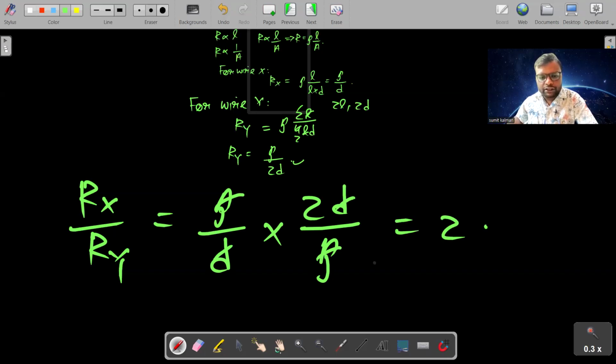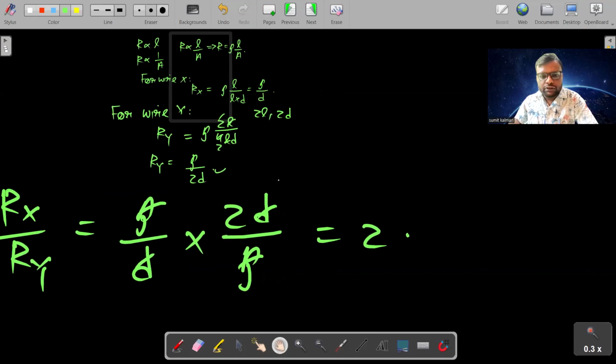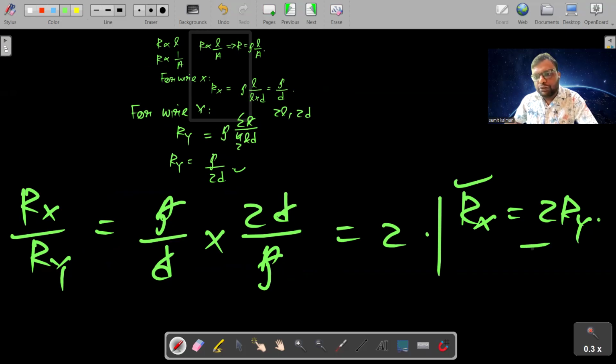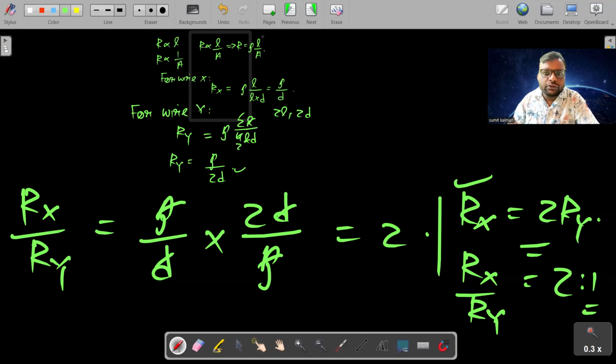So here Rx is equal to twice of Ry. Which is greater? Rx is greater by 2 times of Ry. And if you take the ratio Rx upon Ry, it will be 2 is to 1. So this is the correct solution of this problem.